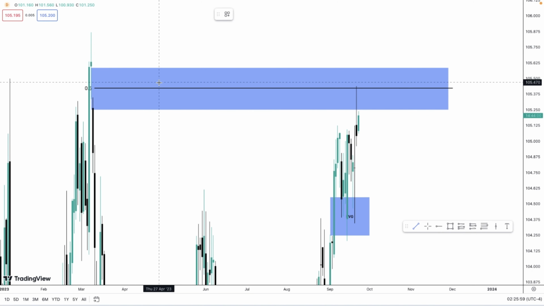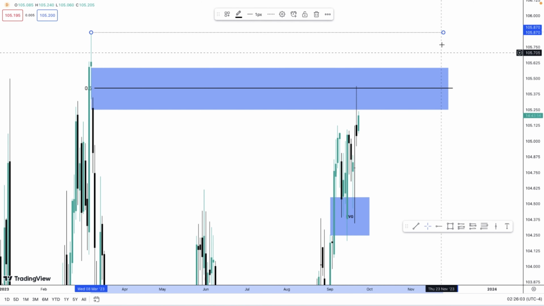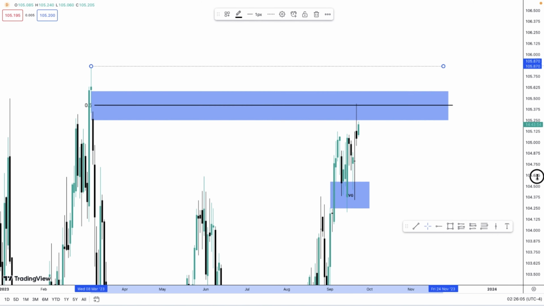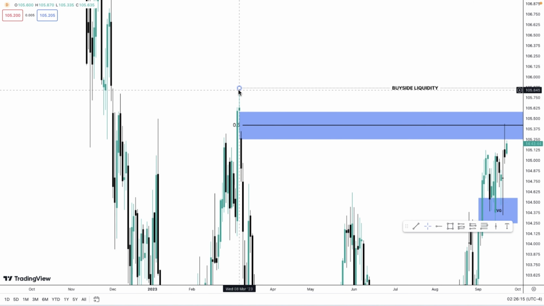And then we are potentially trading to buy side liquidity above this high formed on the 8th of March.